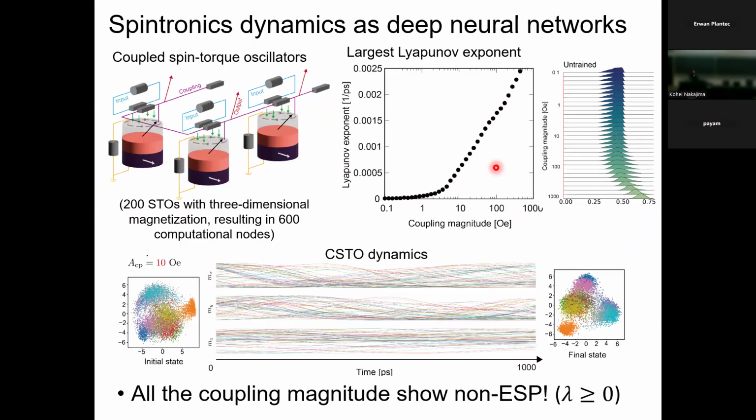Okay, so we checked that in the conventional echo-state network, and then we checked whether our hypothesis works for this spintronics dynamics. And as I explained, spintronics, especially coupled spin-torque oscillators, shows chaotic dynamics. So it's a simulation, but we checked whether this chaotic dynamics of coupled spin-torque oscillators can be used as a deep neural network.